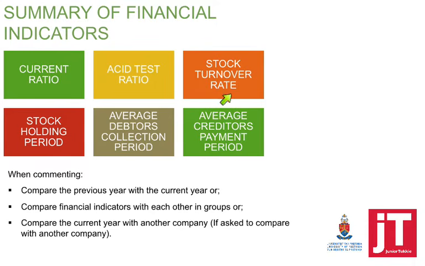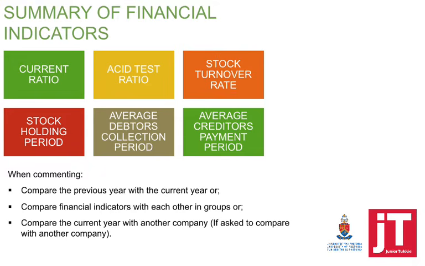Stock turnover rate, how quickly do we turn over our stock? Stock holding period, how long do we keep our stock? Then we look at our average debtors collection period. How long does it take us to collect money from our debtors? Average creditors payment, how long does it take us to pay our creditors?